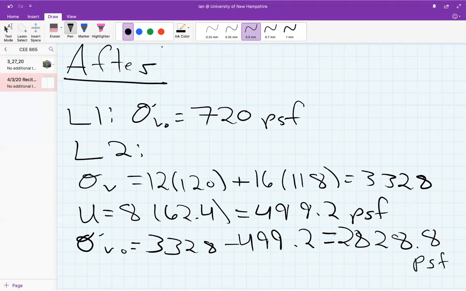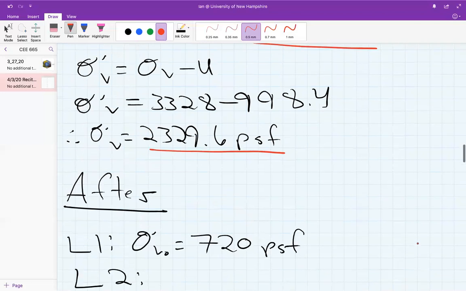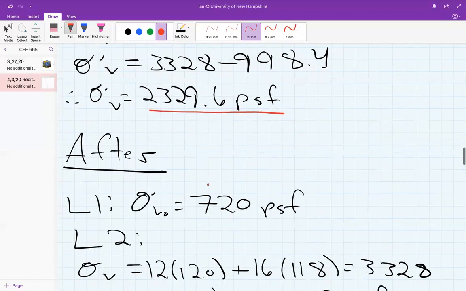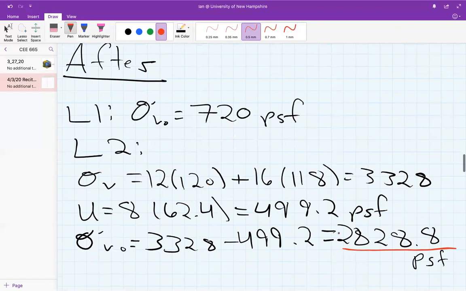So I'm going to underline that one real quick, and let's just look back at what we had. For the before, we had 2329.6, so now the effective stress is increasing. So we have everything that we need for part A of this problem.